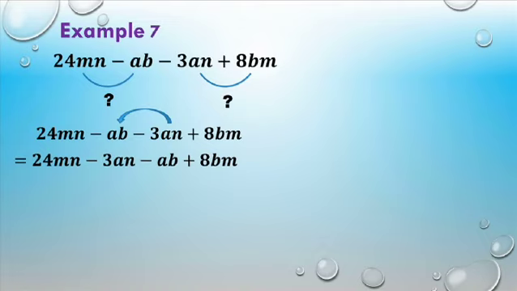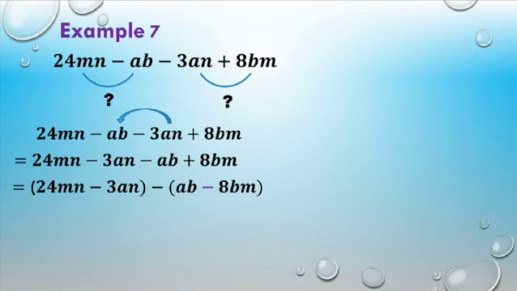You need to carry the sign as well. So here, first pair of brackets, I'm going to have 24mn minus 3an. Now minus is going to be outside for the second pair of brackets. So the sign inside the bracket will change. So I have ab minus 8bm.